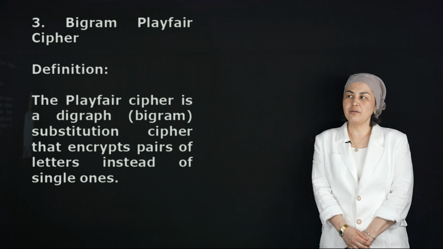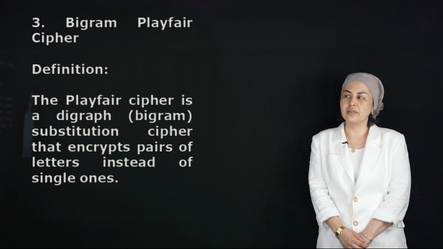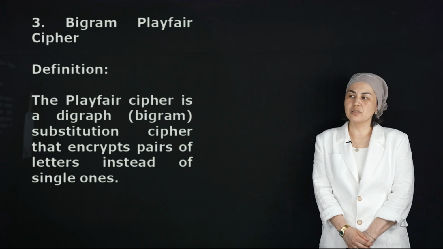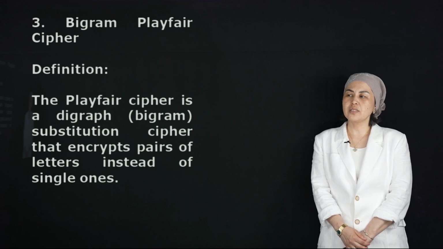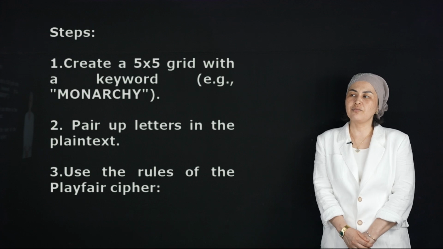Next, the bigram Playfair cipher. Definition: the Playfair cipher is a digraph, or bigram, substitution cipher that encrypts pairs of letters instead of single ones. Steps: first, create a 5 by 5 grid with a keyword, for example, monarchy.